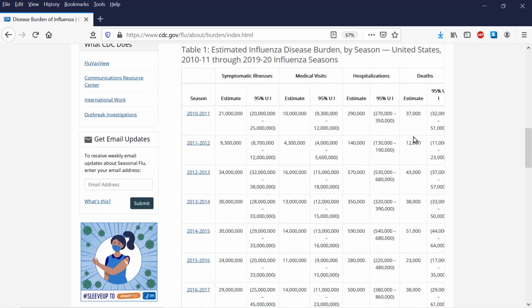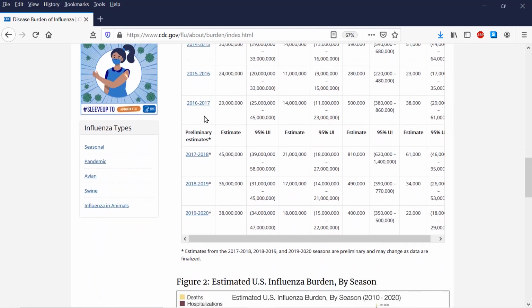Now let's go down to the numbers that might be relevant to the graphic I showed from Real Clear Politics. Here, they say in 2016 to 2017, 38,000 people died, and the 95% confidence range is 29,000 to 61,000. This doesn't match the graphic.